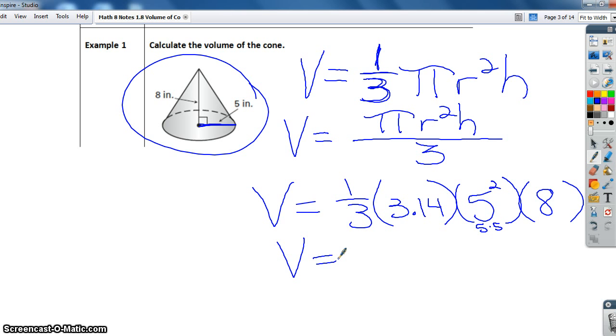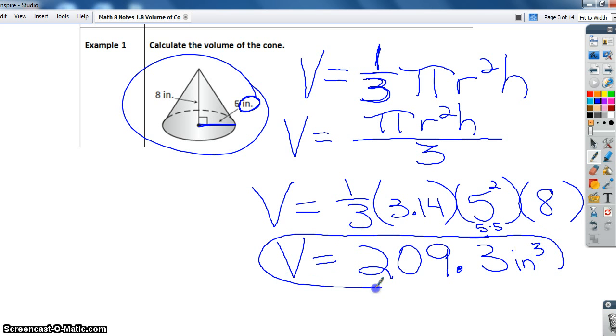That is exactly right. So what did we end up getting when you multiplied all these? 209.3 repeating. And then what is my label? Inches. Inches what? Cubed. This is 3D. It is cubed. There's your answer for a cone. Next one.